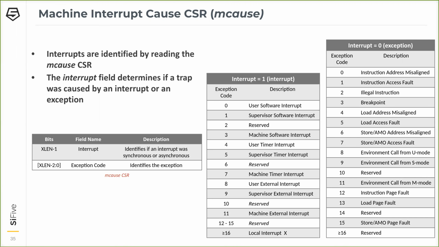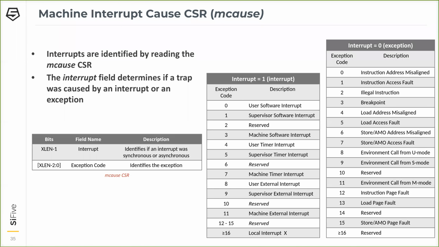In the case where it's an interrupt, an exception code of 0 in mcause would tell you that this was triggered by a user software interrupt. Or likewise, an exception code of 11 would indicate that a machine external interrupt occurred.